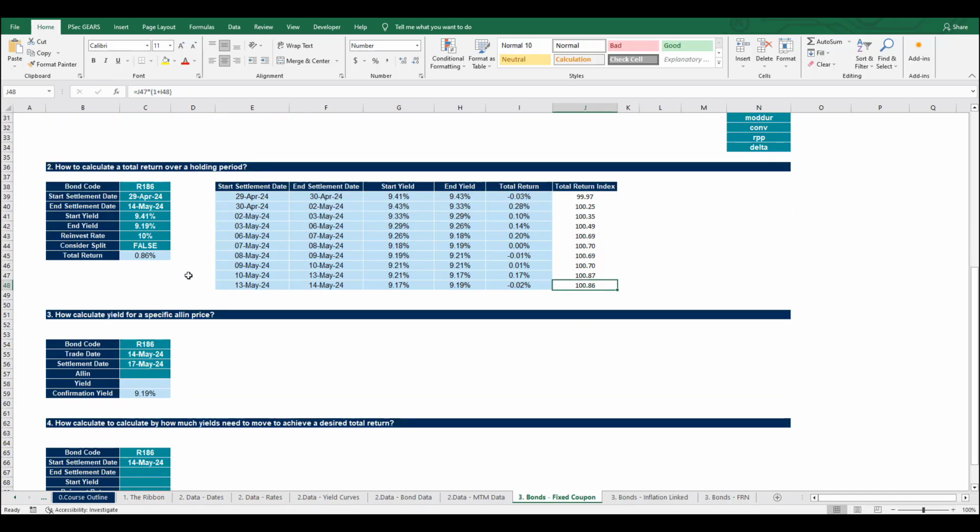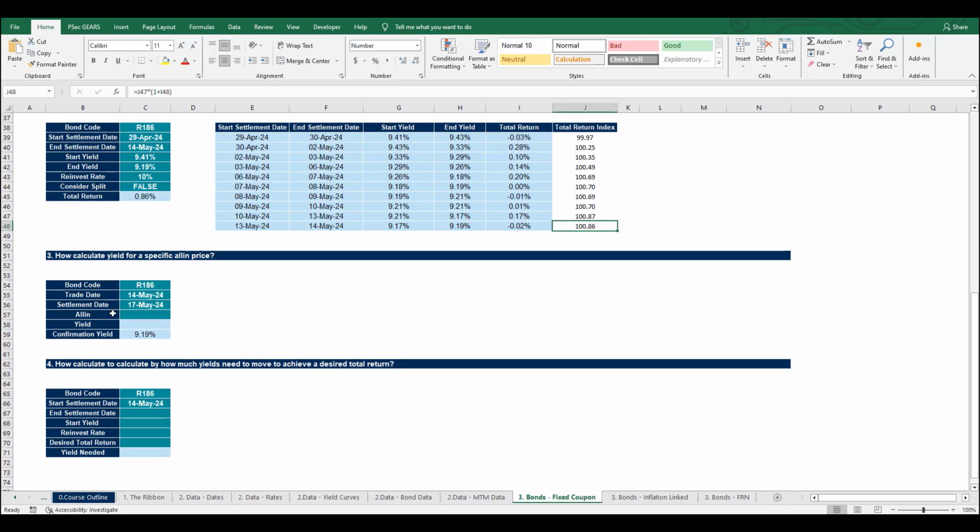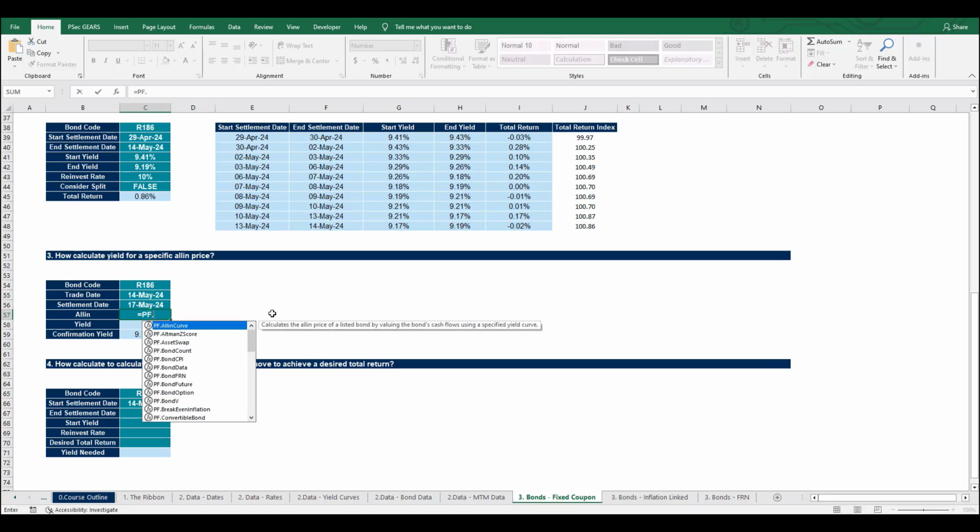And then another functionality in the nominal bond space is when we want to calculate what the yield would be at a specific all-in price. So what we would do here is we'd calculate what the yield would be for yesterday.